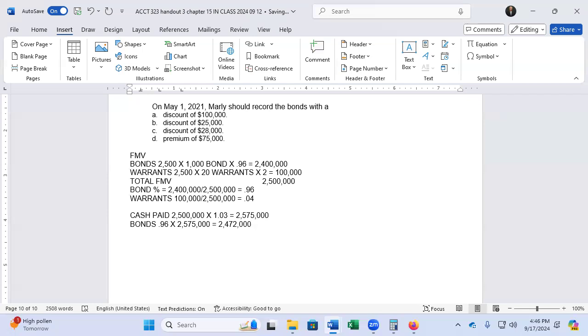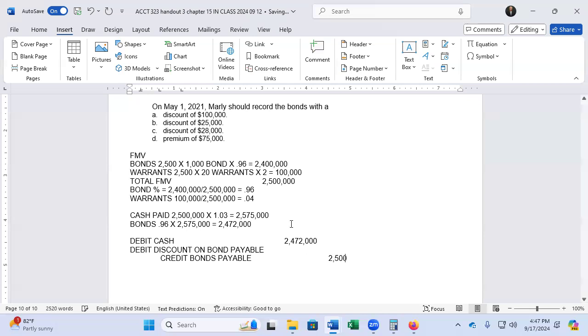So that tells us my debit cash for 2.472 million. Credit discount on bonds payable. Leave that blank for now, and then bonds payable.